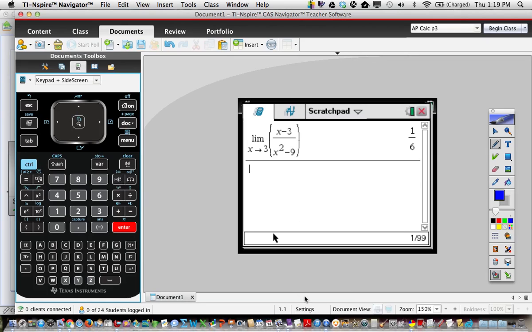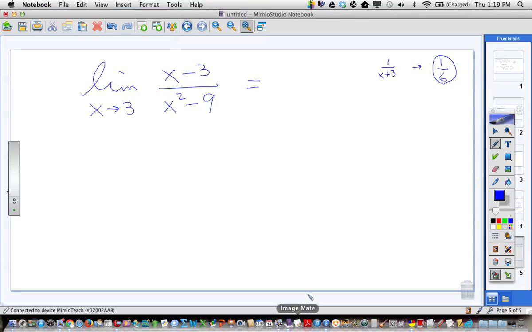As a matter of fact, here's how I usually do these on a calculator quiz. On the calculator part of the quiz, I just give you the answer. And then my directions are: justify with a table why this is true.